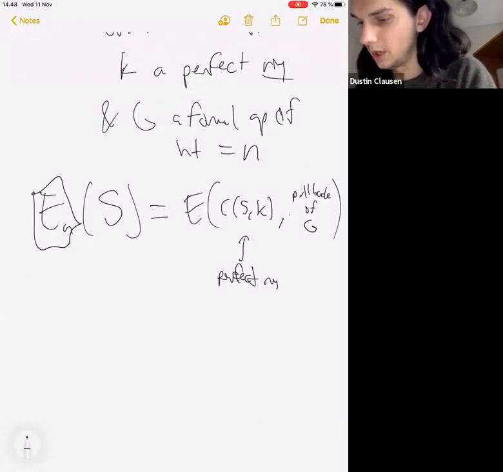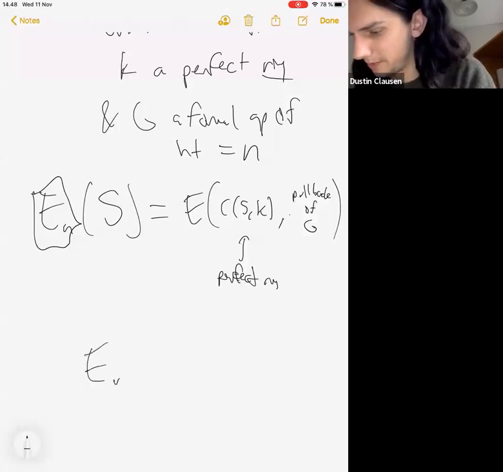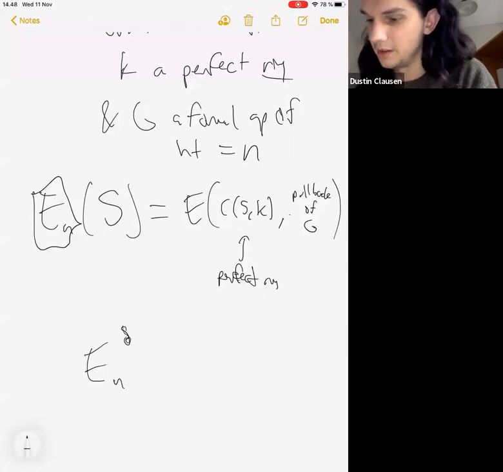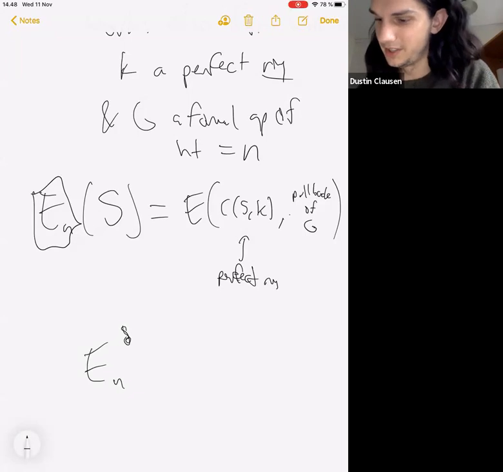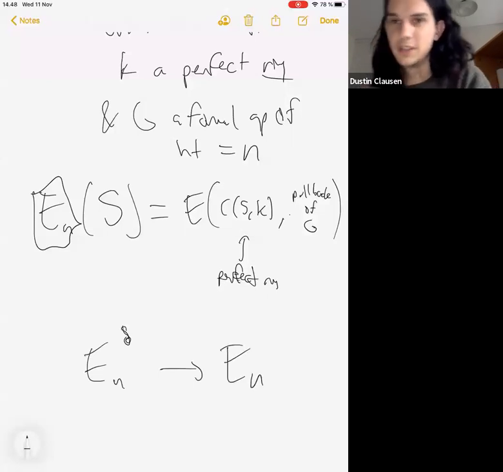So why is this the same? Well, as before, we have a map from E_n considered as a discrete object. When S is a point, this is just E_n, the usual spectrum E_n. So we have a comparison map from the discrete thing to this new thing that I've defined in terms of the S-valued points.